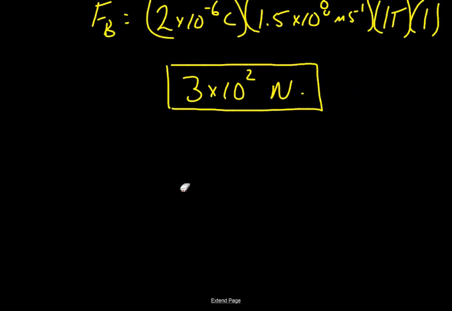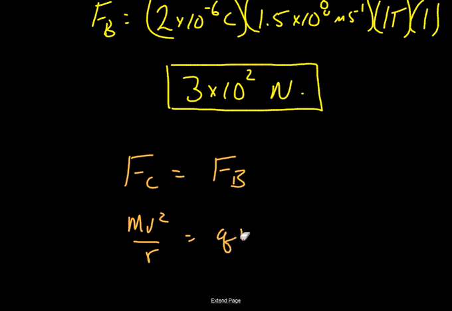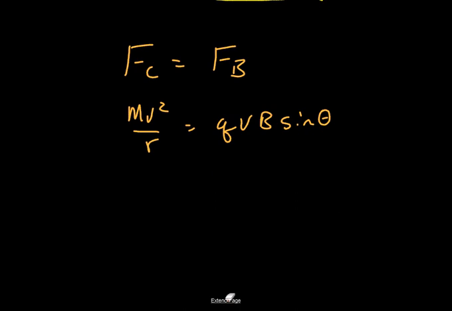And you might be asked to do some math with this. You might be asked to say, this is equal to this. So you could have mv squared over r is equal to qvb sine theta. And you could be given some of this information, and you could make these things equal to each other. What if we were solving for r here?